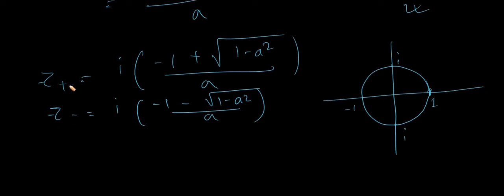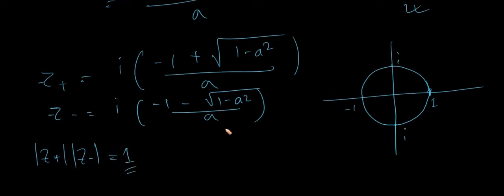Now if you notice, this z plus and the z minus, when they are multiplied, that means when you multiply their moduli, this is just what? This is just 1. If you multiply that, you'll see that the modulus is 1.